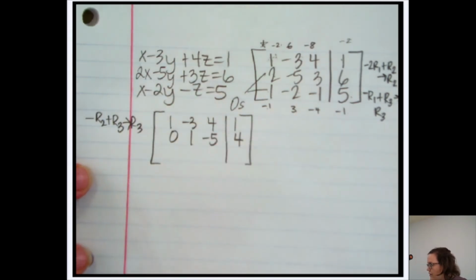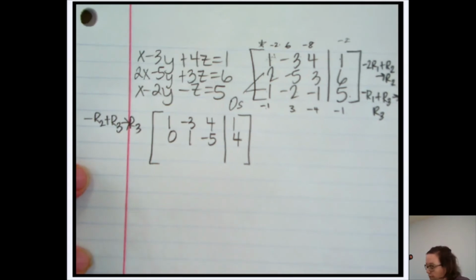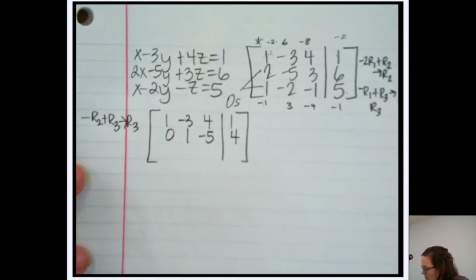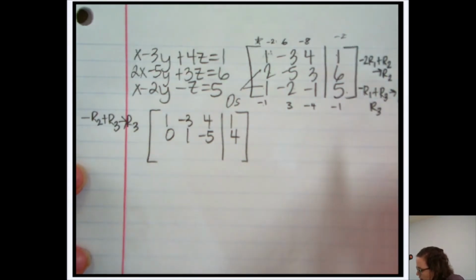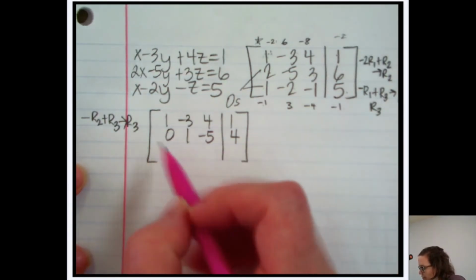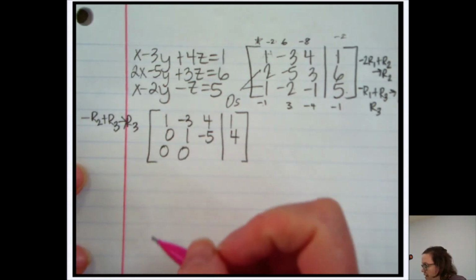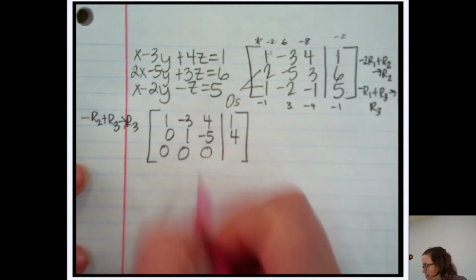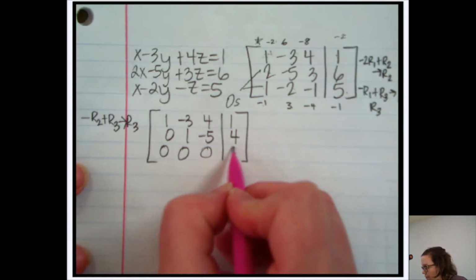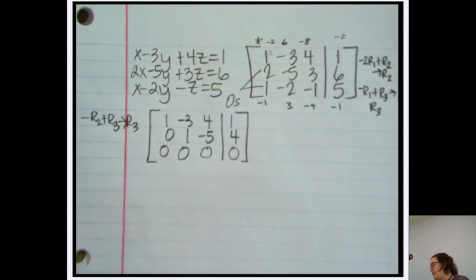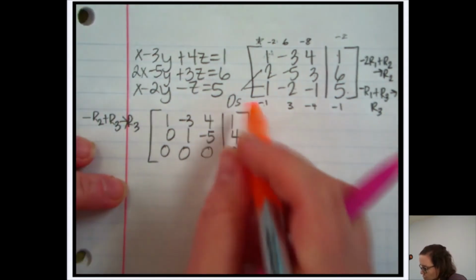Okay, so all we do is take the opposite of the second row. And so when I do that, 0 and 0 still make 0. Negative 1 and 1 make 0. Positive 5 and negative 5 make 0. And a negative 4 and a positive 4 make 0. Okay, so we end up with this situation here.